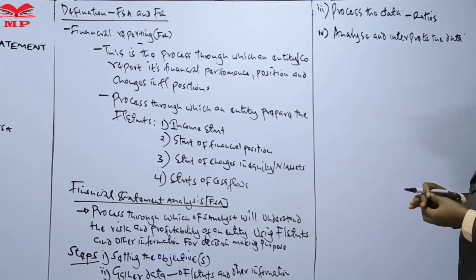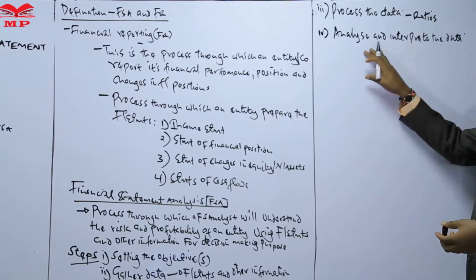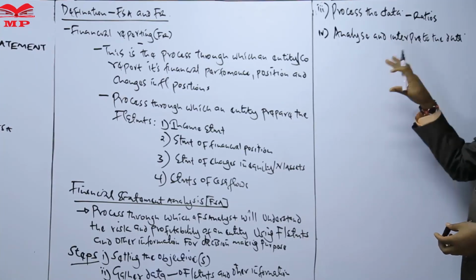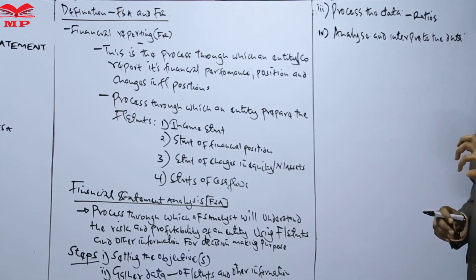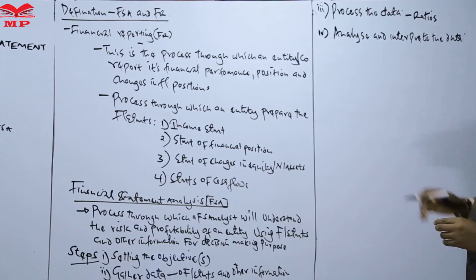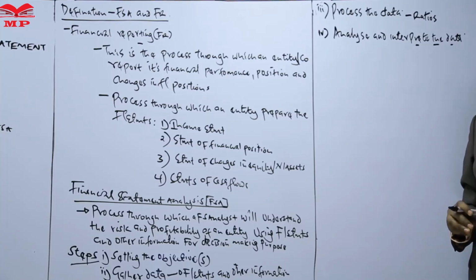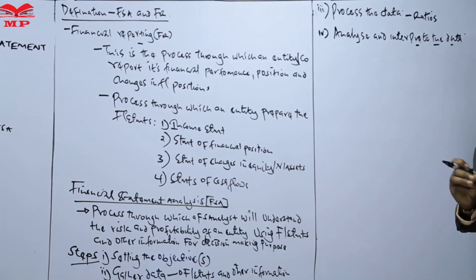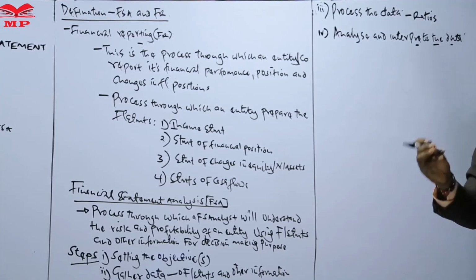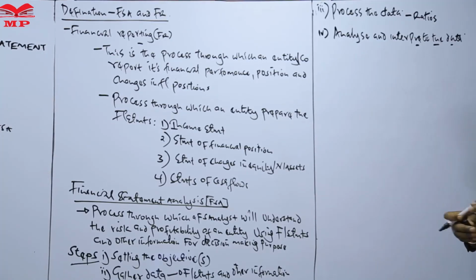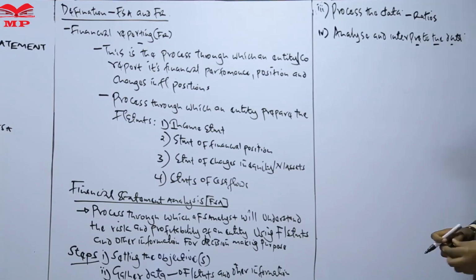Maybe he analyzes those particular ratios for various years, and from there he will be in a position to interpret that data, or basically to come up with more information regarding the picture portrayed by those ratios. For example, in that case, maybe he can see that the profitability of the company has been improving, maybe the liquidity position of the company has been improving, and so on.